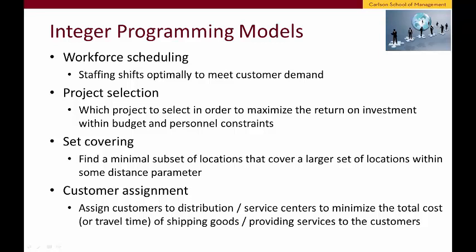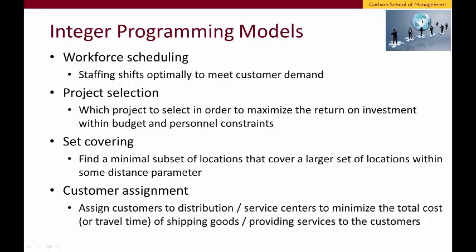Set covering is a generic representation of a situation where we need to select a subset of locations that serve themselves and all the other locations in some optimal way, where the limits include the number of such service locations and of course the overall costs that need to be minimized.